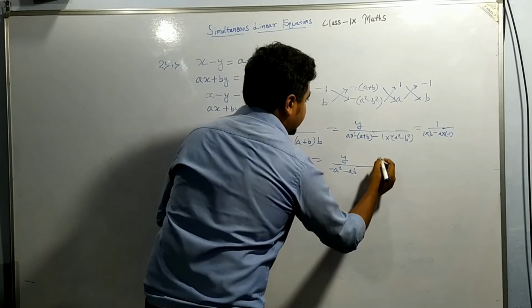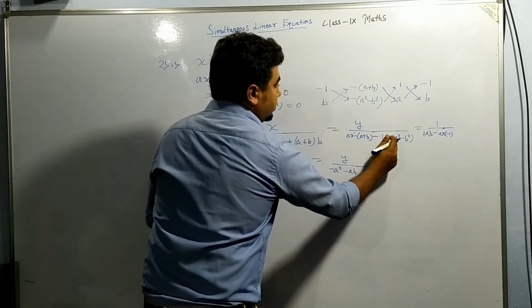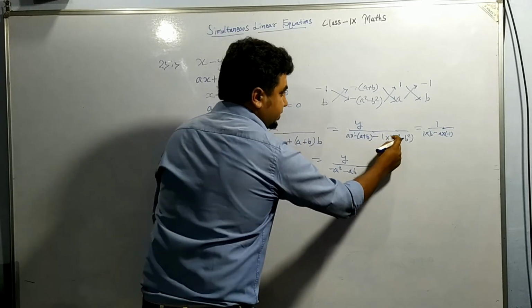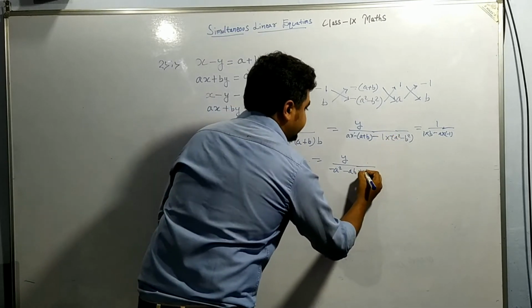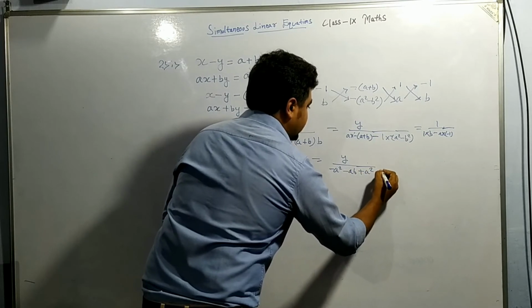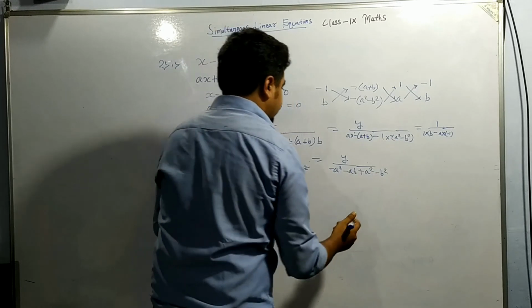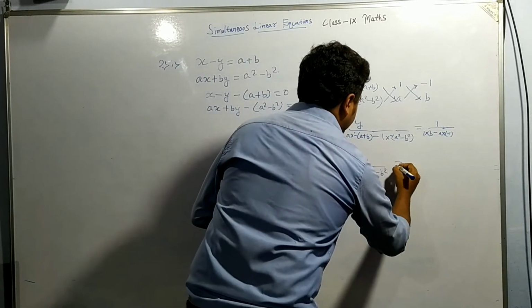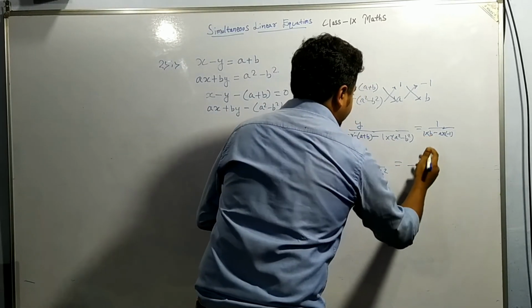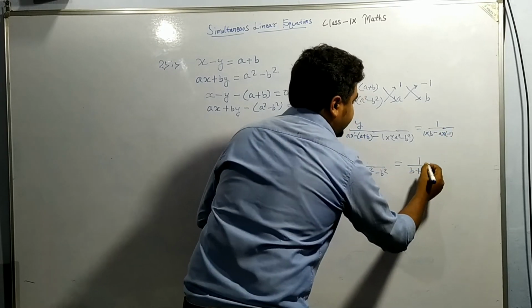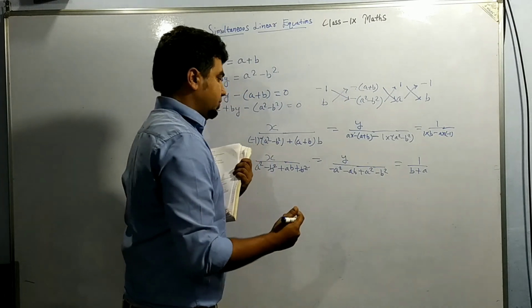So this term we are getting, and minus 1 into minus will become plus. So this is becoming plus, and a square minus of b square. Minus minus will become plus. So this is what we are getting from here, and from here b and minus minus will become plus, means a, minus a into minus 1 will become plus.